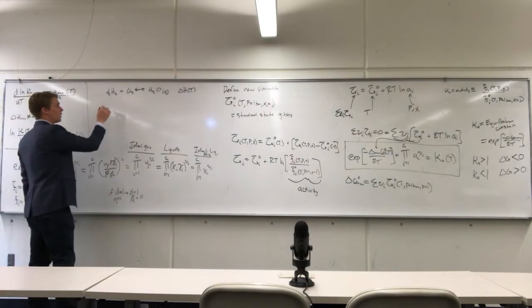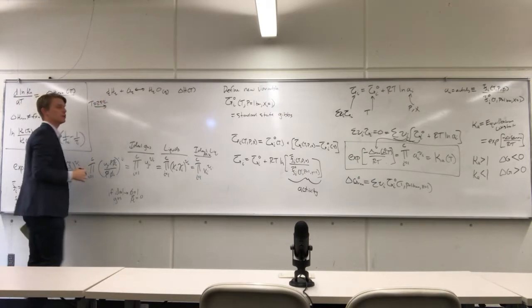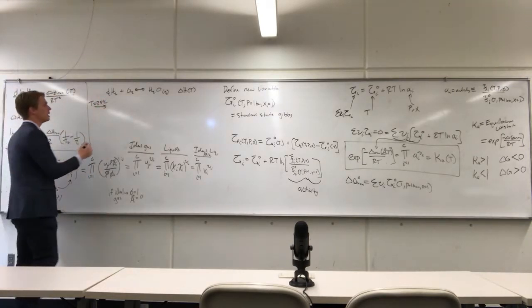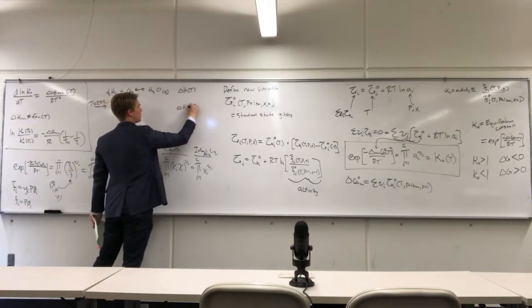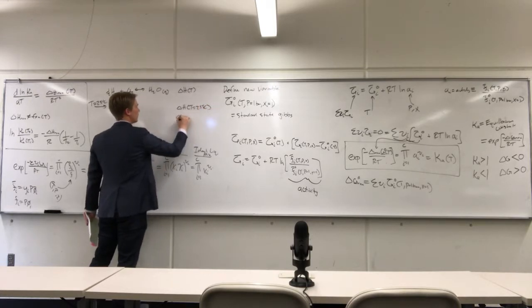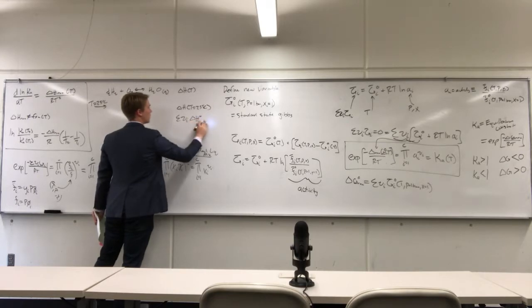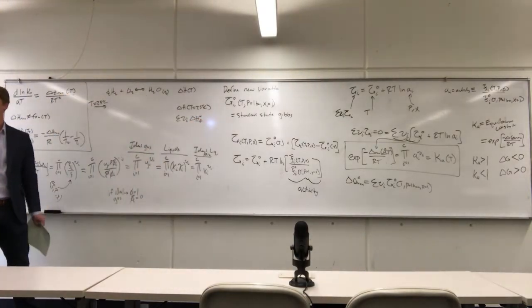So it doesn't matter if I perform this reaction at T equals 25 degrees C, which means we're at the reference state. So I can calculate the heat of reaction using the heats of formation. That's what we talked about on Wednesday.